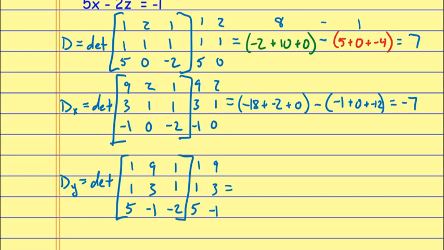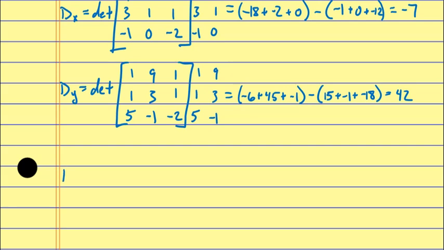And again, I do my downward diagonals, -6, 45, -1. I do my upward diagonals, 15, -1, -18. And I do my addition and subtraction, and that gives me a 42.